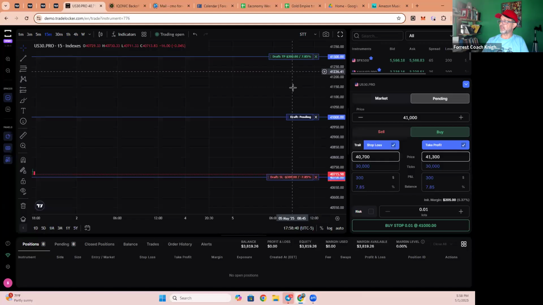Now, if I'm going to TP1, which was 41,010, which is $10, it's way down here. It's literally like $10. Am I willing to lose $10? Am I willing to lose $300 to make $10?